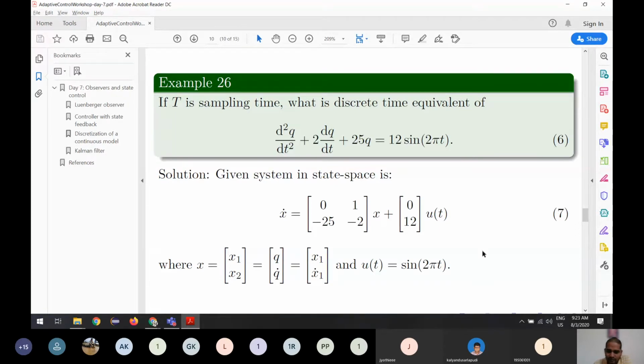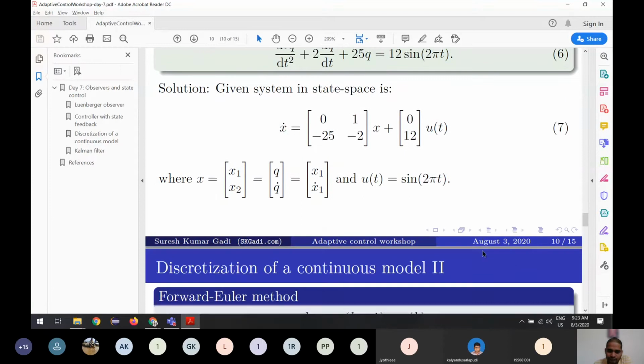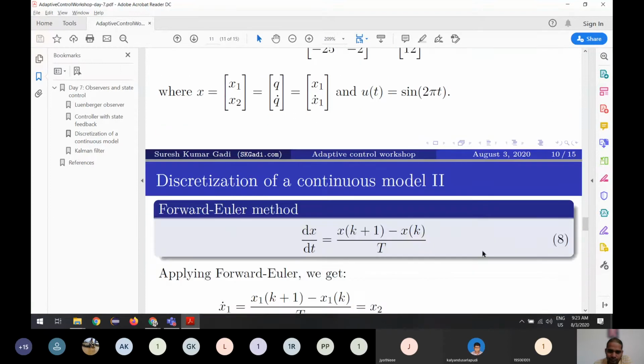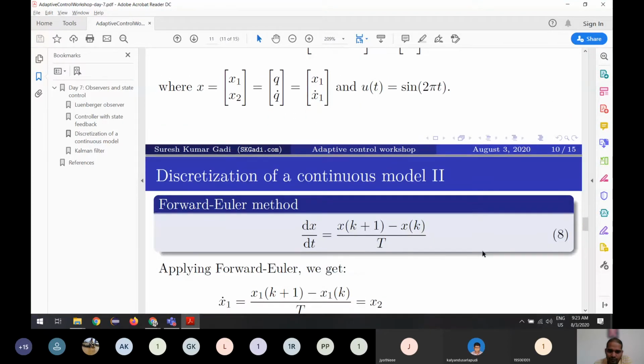Once you have this, what are you going to do? We apply the forward Euler method. What does the forward Euler method say? dx by dt is equal to x of k plus 1 minus x of k, over T. With time discretization, the information is only available at certain times, at every T time period.